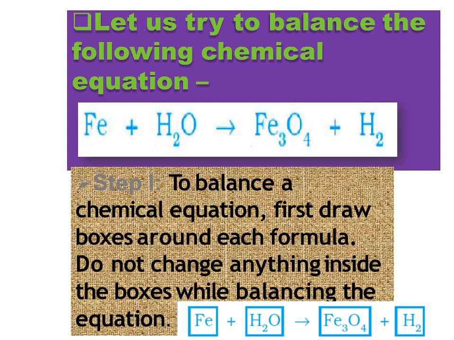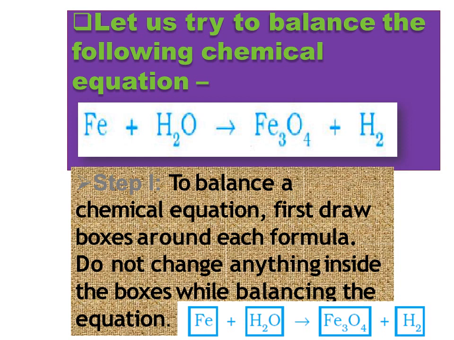Do not change anything inside the boxes while balancing the equation. This method is very good for balancing chemical equations. Simple chemical equations can be balanced very easily. So the first step is to draw boxes around each formula, on the right hand side and on the left hand side, as given in the diagram.